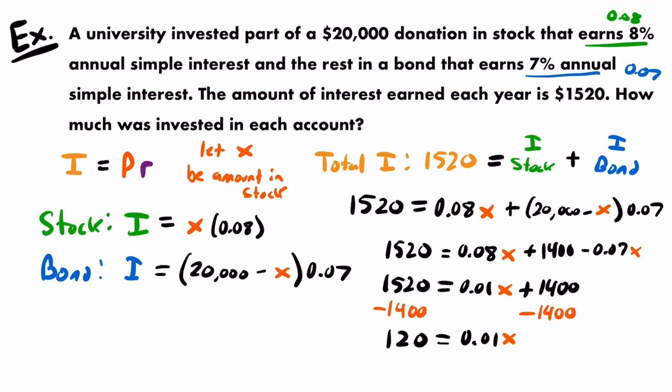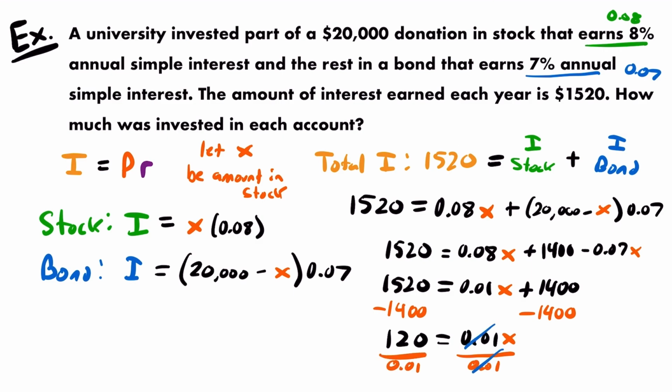All right, so now there's one thing left to do, and that is to divide both sides by the coefficient of x in order to isolate it and thereby solving for it. All right, so we want to divide both sides by 0.01. So let's do that here. I'll divide by 0.01 on both sides of the equation.